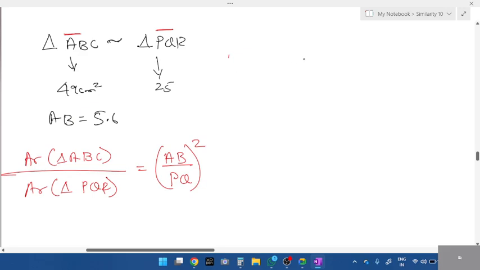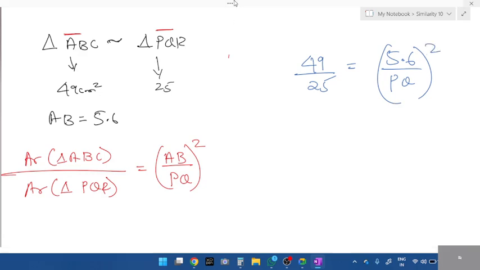What is the AB value? 49 divided by 25 is equal to 5.6 divided by PQ, the whole square. This is what I told you all morning. Right? So what's the value you'll get, students? We'll do one thing. I don't need the square here. What happens to the square if it goes to the other side?